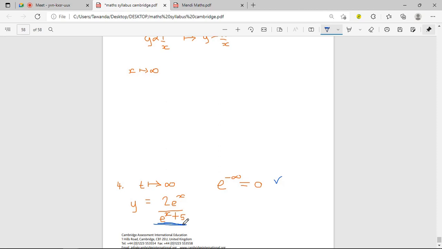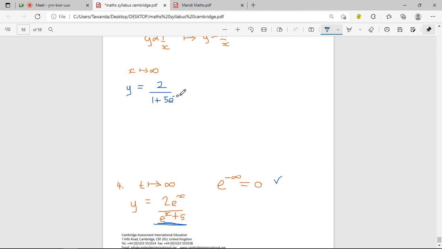On the numerator, you are going to get 2. Then on the denominator, you get 1 firstly, and if you divide 5 by e to the power of x, you get 5 e to the power of minus x.